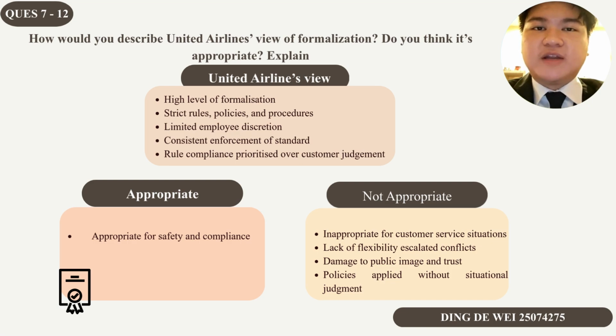Some level of formalization is necessary and appropriate in the airline industry, especially for safety, security, and regulatory compliance. Airlines must follow strict aviation laws, and employees need clear procedures in emergencies. However, United's extreme formalization was not appropriate for customer-facing situations.